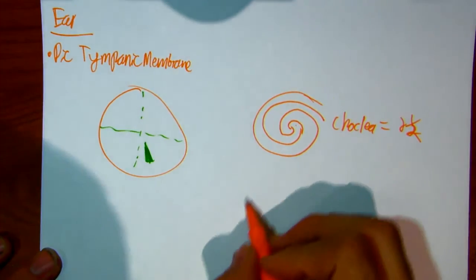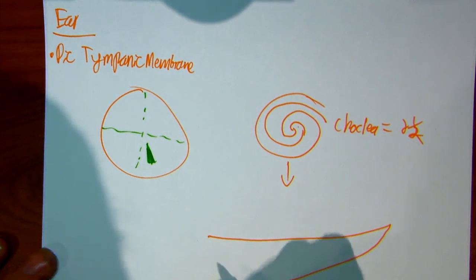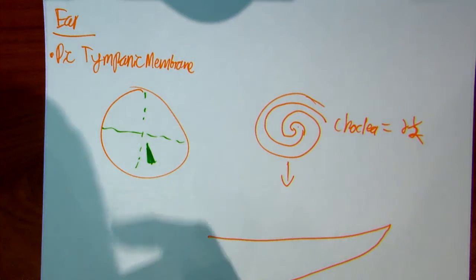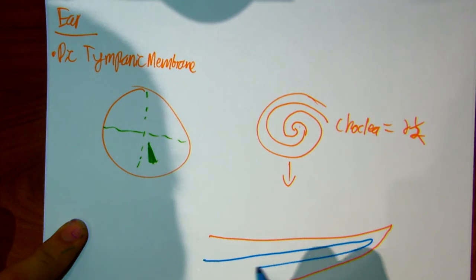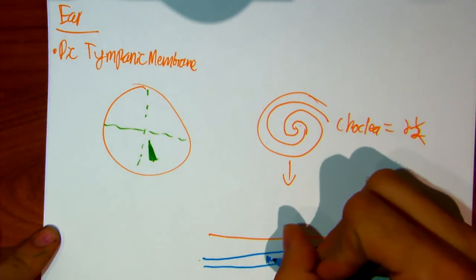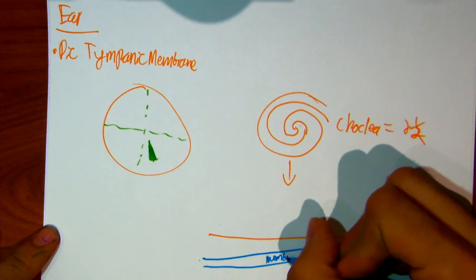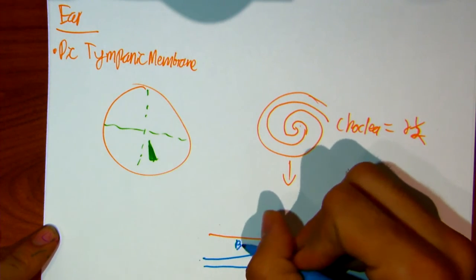When you unfurl the cochlea, you can see its structures a little better. So here, we have membranous labyrinth. And here we have bony labyrinth.